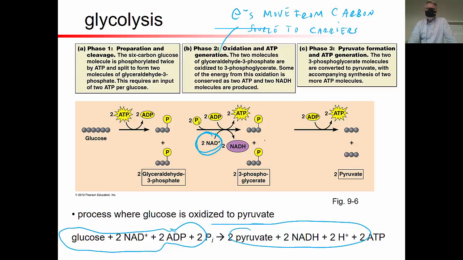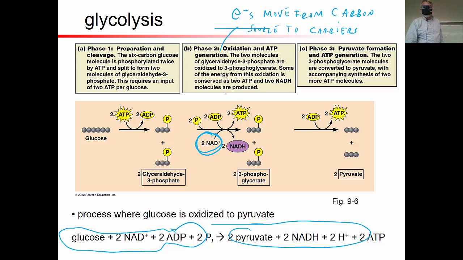So again, the analogy here is with dump trucks. NAD+ is like an empty dump truck that we can move electrons into, and then those electrons can be carried to where they're needed in the cell. When it's full, it's called NADH. So those are our 2 states of our dump truck: NAD+, no electrons, NADH, which is carrying 2 electrons.